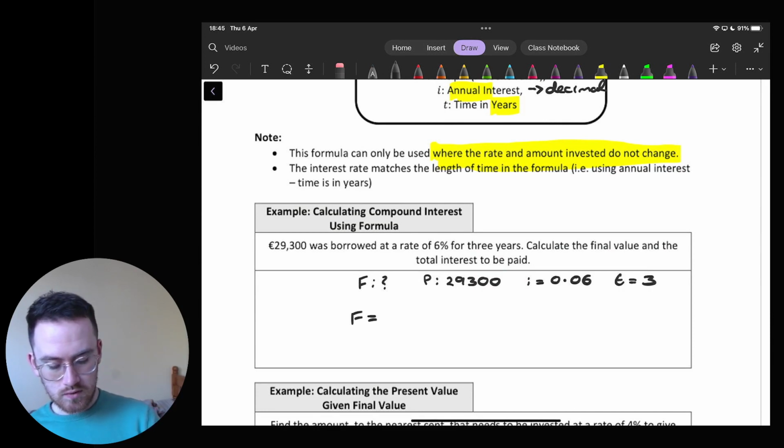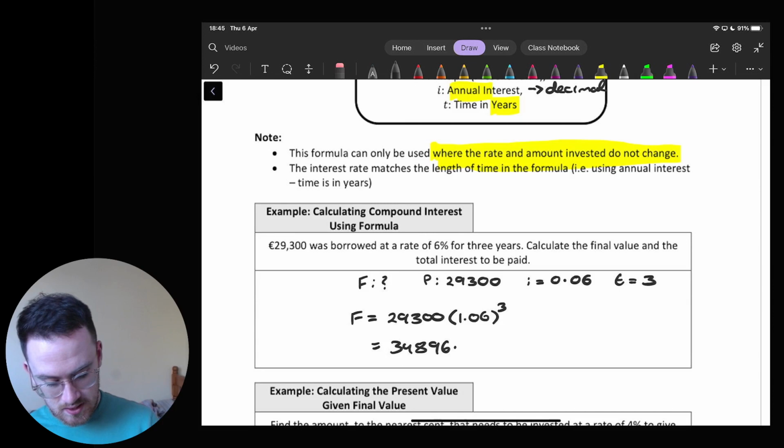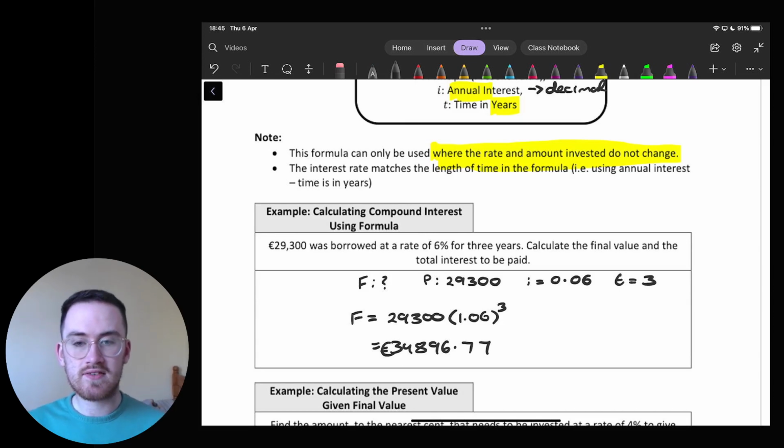So subbing all of those points into my formula then, 29,300 times 1 plus I, which gives me 1.06, to the power of 3 years, and I can just sub that into my calculator to get my answer. And I get 3489677. And that is the amount of money that I would have at the end, or that's the amount that I would owe at the end, I suppose.